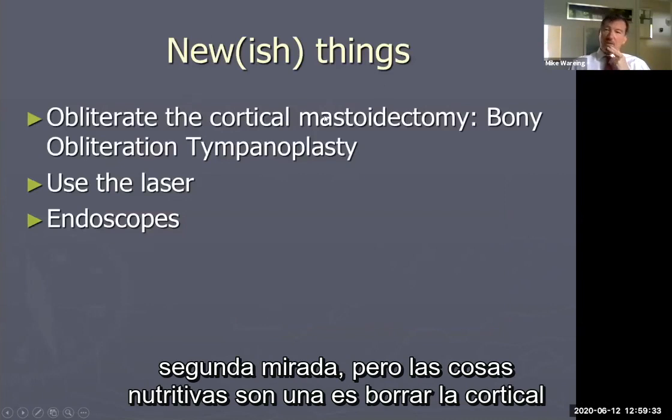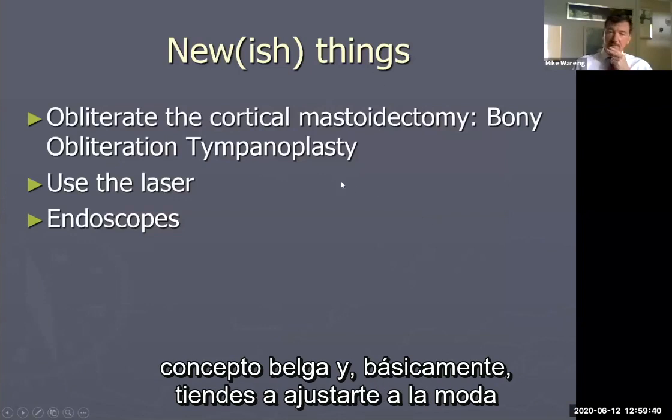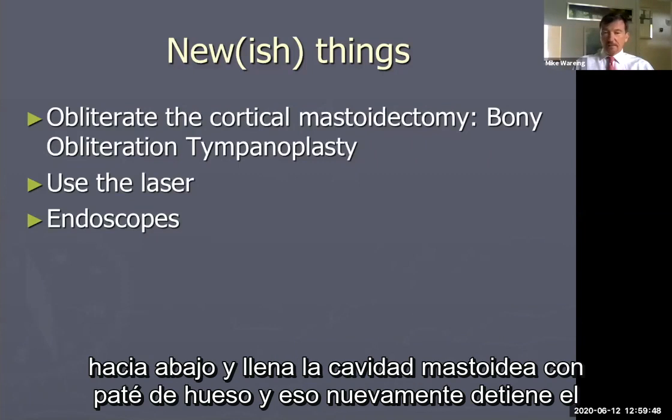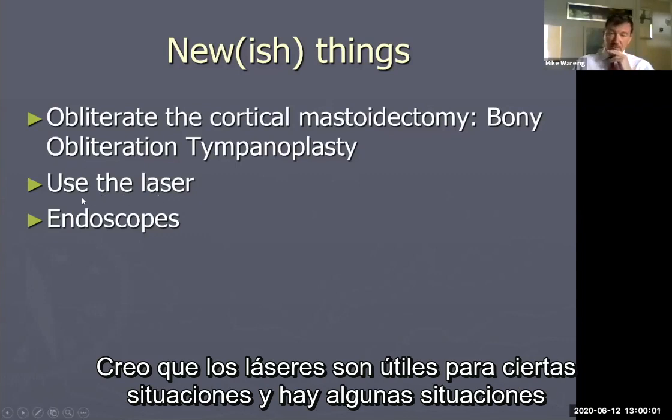But the newish things are, one is to obliterate the cortical mastoidectomy. So this is called a bony obliteration tympanoplasty, and is a Belgian concept. And you tend to basically just put some fascia down, and you fill the mastoid cavity up with bone pate, and that again stops the retraction happening. You can use the laser. I think the laser is useful for certain situations.